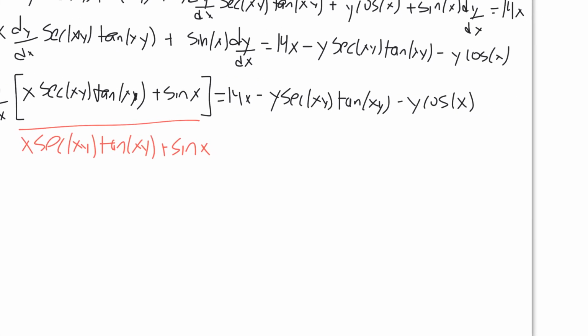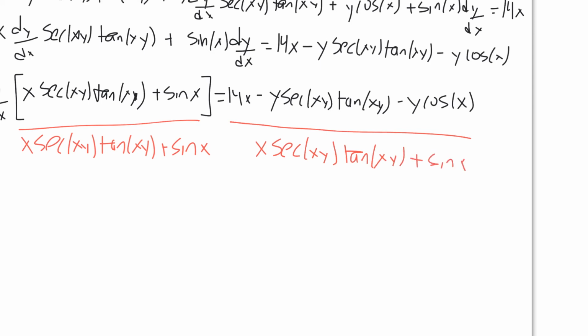So over here we're going to divide out by that monster denominator, divided by x secant xy tan xy plus sine x.